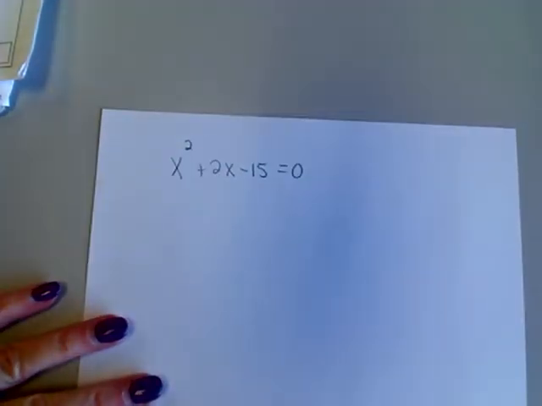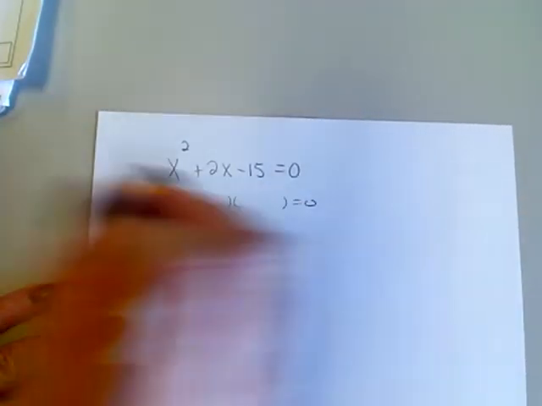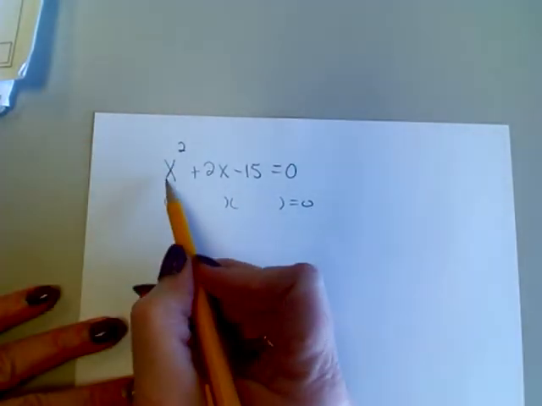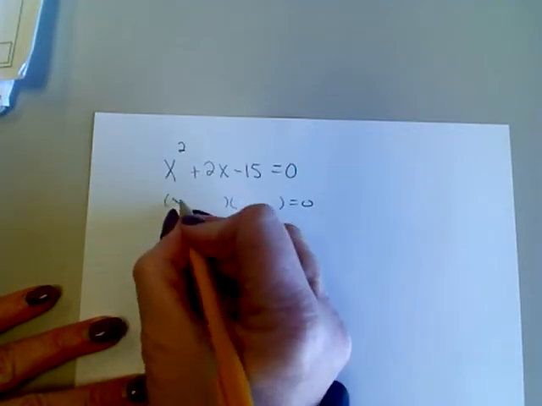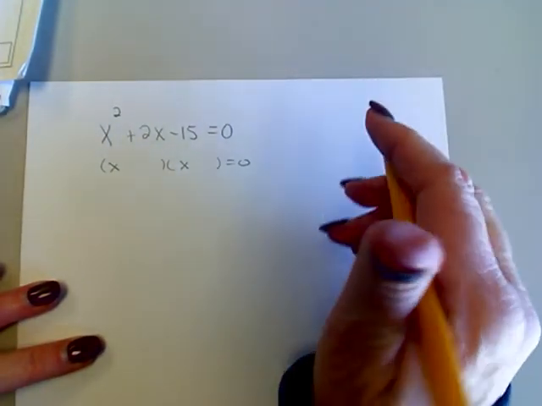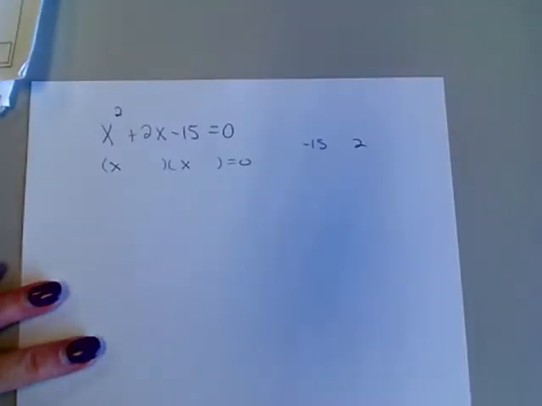For those that still might be struggling, by now you should know you're going to have two sets of parentheses, and the first term in each set of parentheses is going to be whatever this variable is. So it's going to be x and x. And again, I write this off to the side. What can I multiply to get -15 but add to get 2?